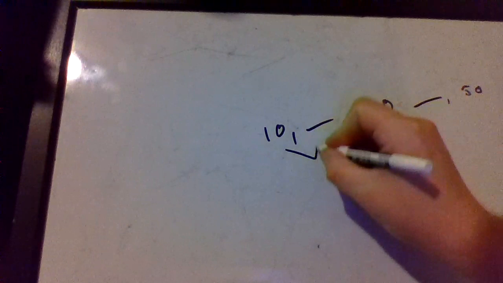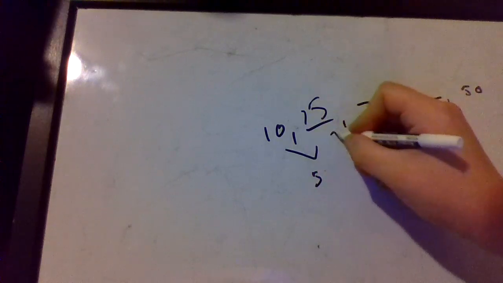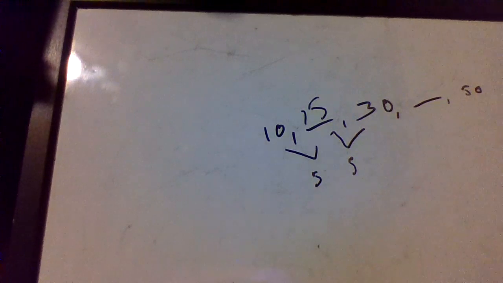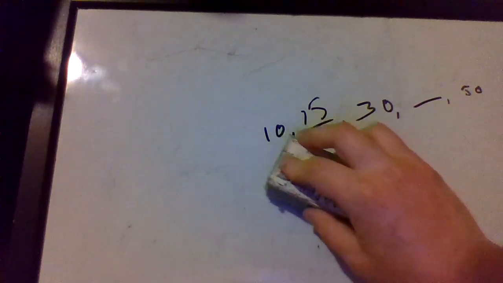So technically, this sequence could be anything. But let's say we try 5s. 10 plus 5 is 15. That's great, but 15 plus 5 is not 30. So we know our sequence is flawed, and that can't be the answer.